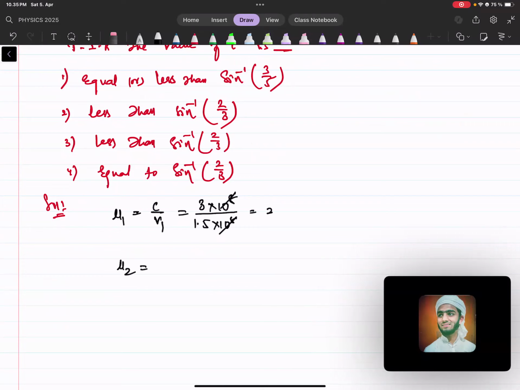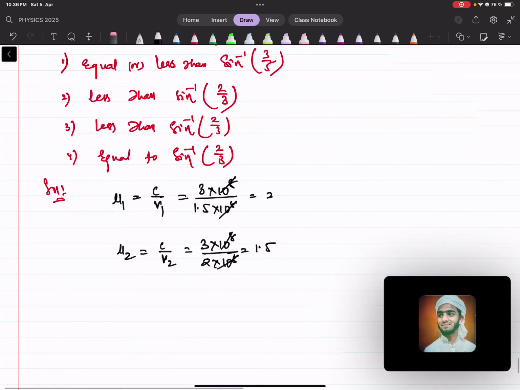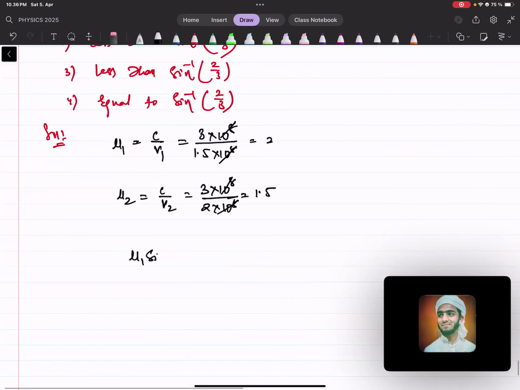The same way mu2, second medium refractive index, is c divided by V2. That is equal to 3 into 10 to the power of 8 divided by 2 into 10 to the power of 8. This one will get cancelled. It is 1.5. Now TIR is happening. So it is mu1 into sine of theta C is equal to mu2 into sine of R. Mu1 is right now from the first medium it is going.